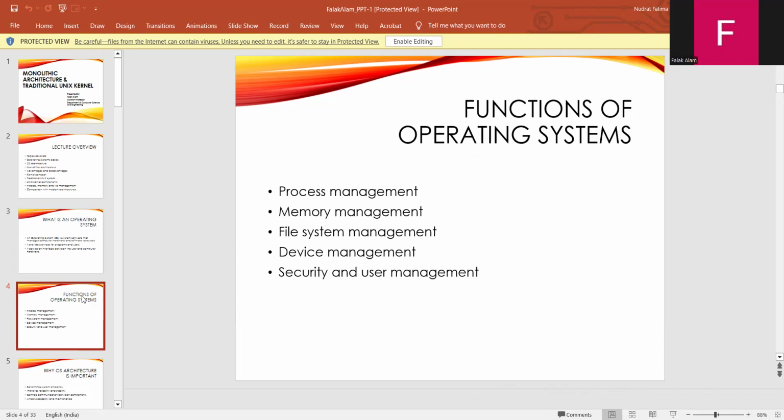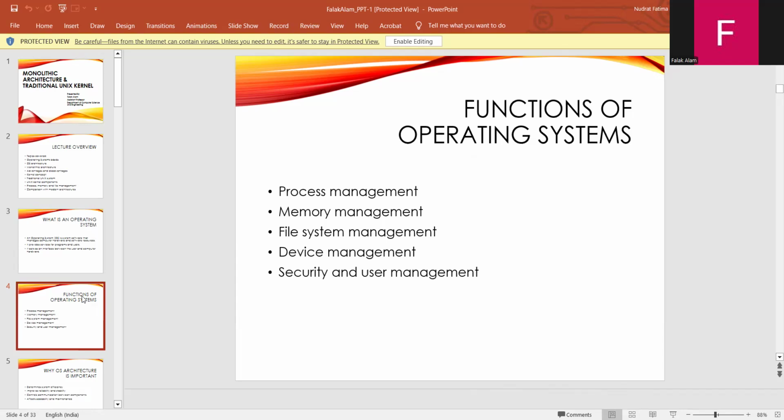Now moving on to device management. Hardware devices such as printers, keyboards, and hard drives need special programs called device drivers. The operating system uses these drivers to communicate with the hardware device.